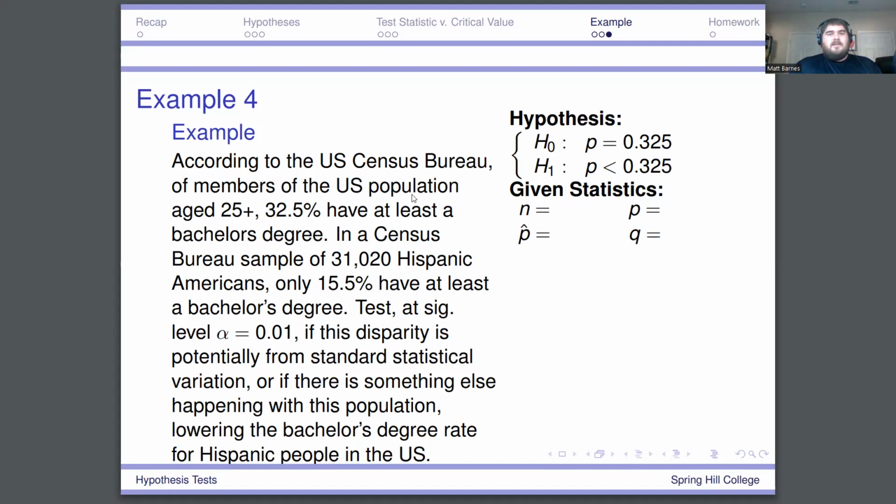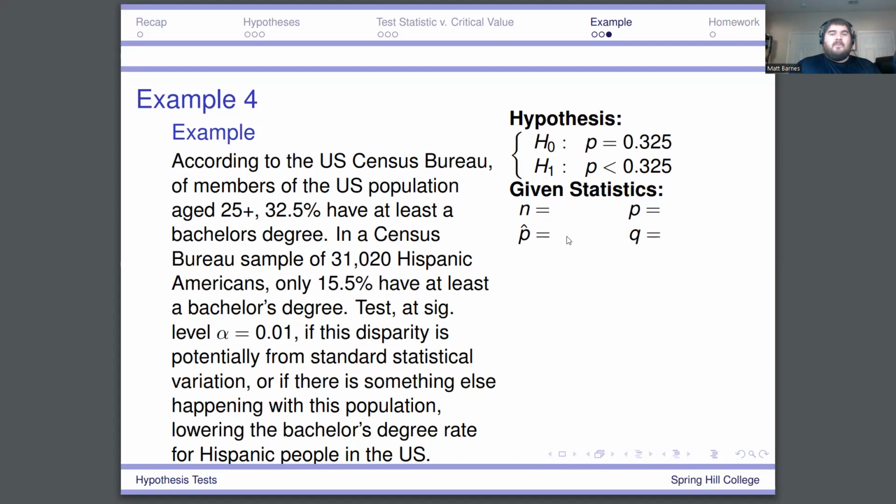All right, so hopefully you've had a chance to look at that. Let's take a look at our N. Our N is our sample size, right? And they tell us we had a sample of 31,020 Hispanic Americans. So that would go there, that would be our N. Our P hat is our sample proportion. Only 15.5% of our sample had a bachelor's degree.